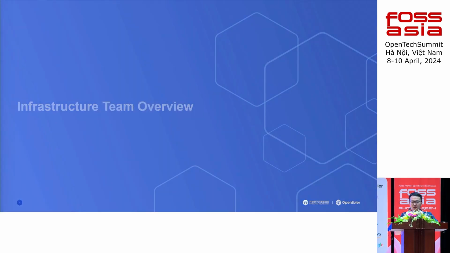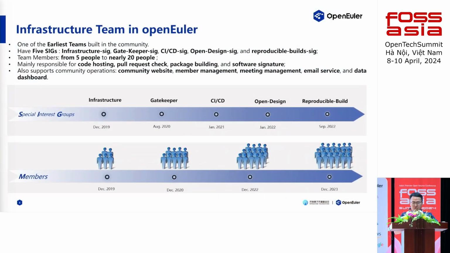First of all, the infrastructure team overview. The infrastructure team is one of the earliest teams built in the community. After 4 years of development, we have established 5 special interest groups. They are infrastructure SIG, gatekeeper SIG, CI/CD SIG, open design SIG, and the reproducible build SIG. Our team members have grown from 5 to nearly 20.